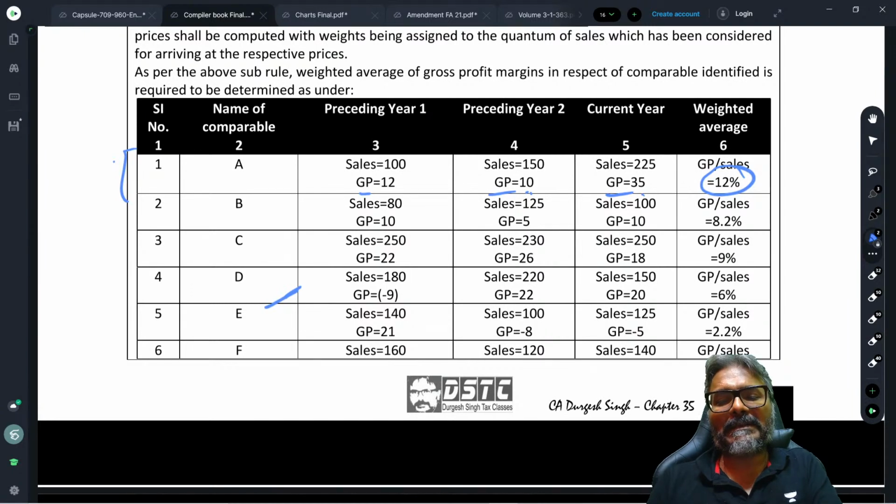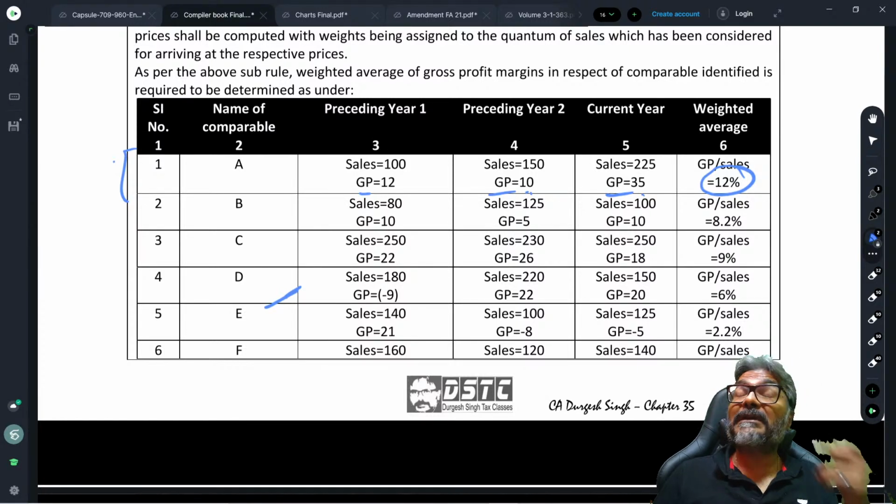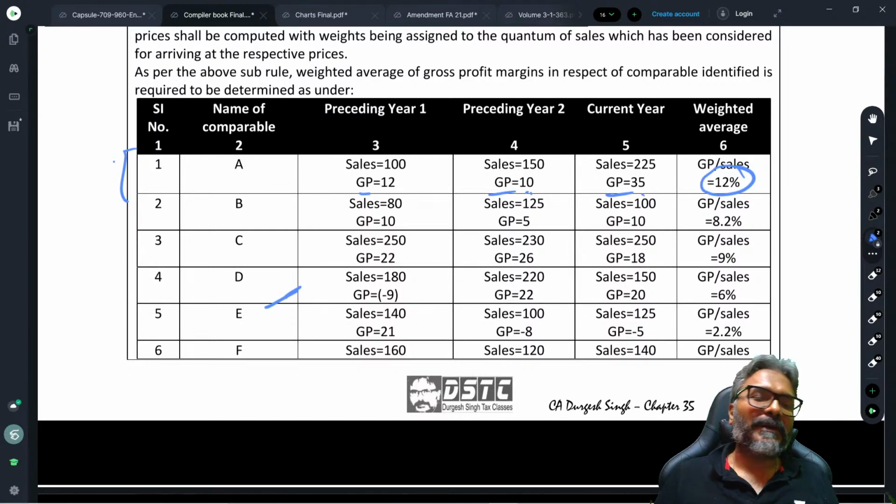So the question arises: when we have to take a weighted average, are we supposed to consider even the negative item as well? To that the answer is yes. We are supposed to consider even the negative item, students.